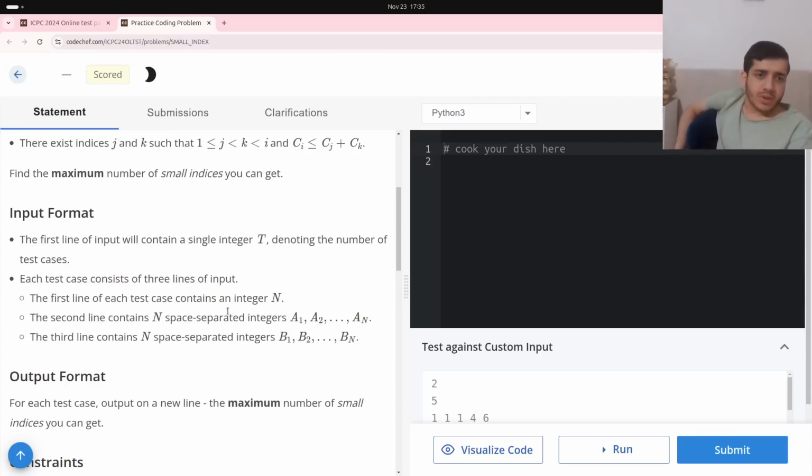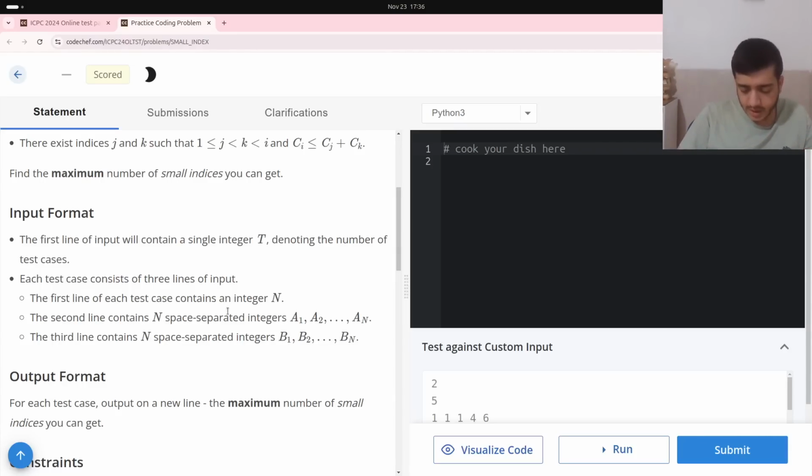Okay, folks, let me think more. Consider we already filled C to some index.